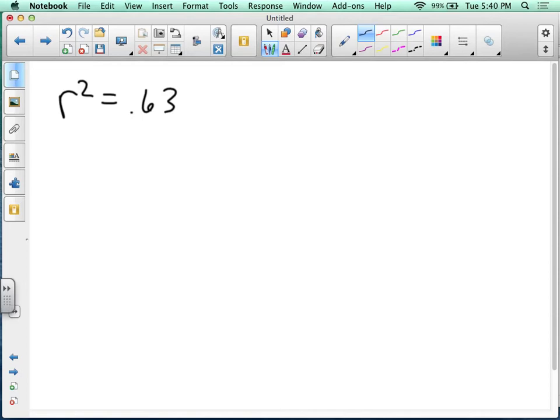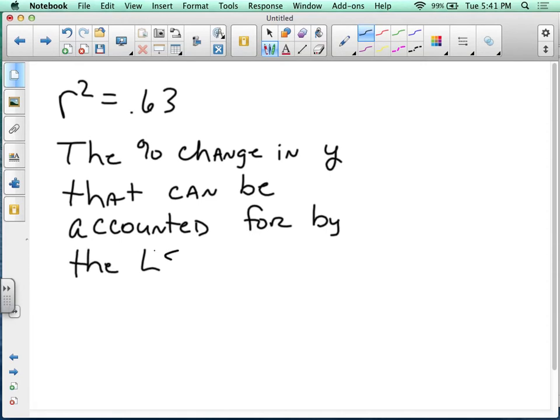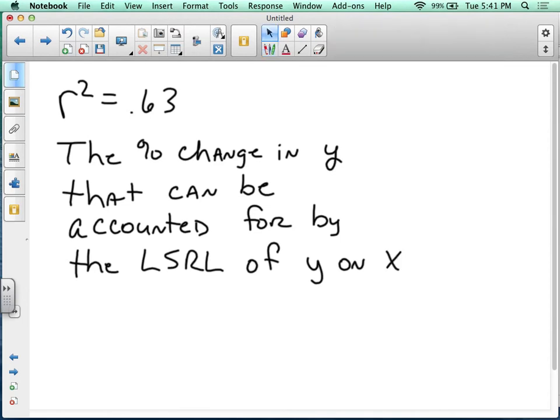Now, you've got to write it in the context of the problem. Basically, what this means is the percent change in Y that can be accounted for by the LSRL of Y on X. Now this is like legal jargon, okay?